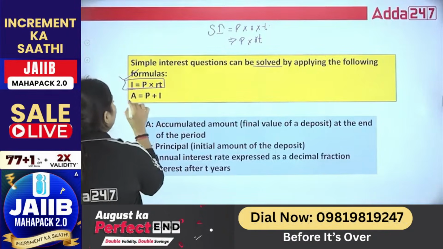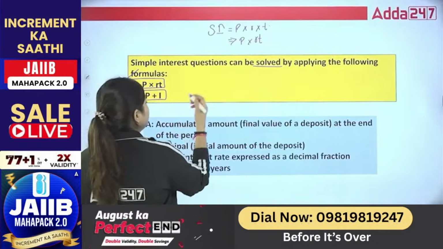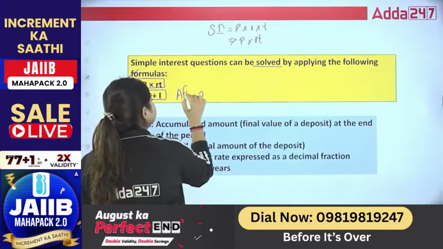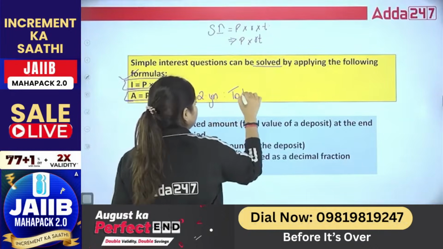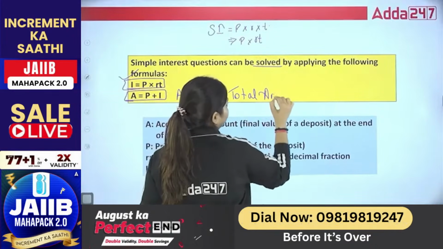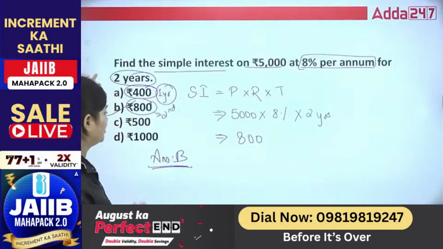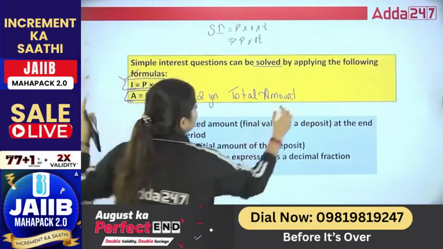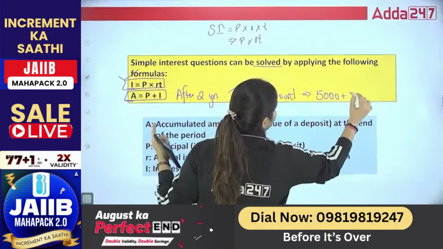Or for the accumulated amount: if someone is asking, after 2 years, what is the total amount? Like in our previous question, if someone asks you what the total amount is, what you will do is add 5,000 plus 800.